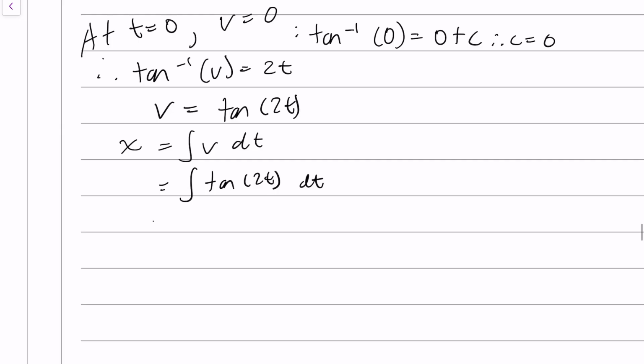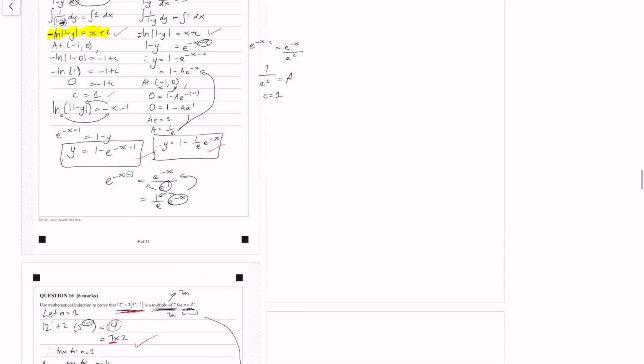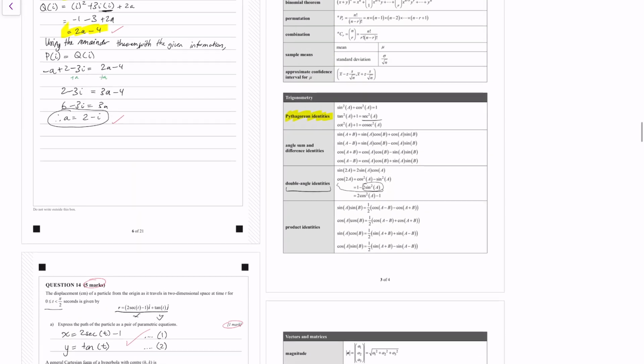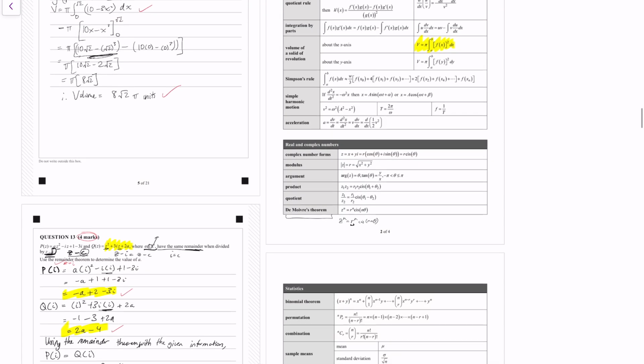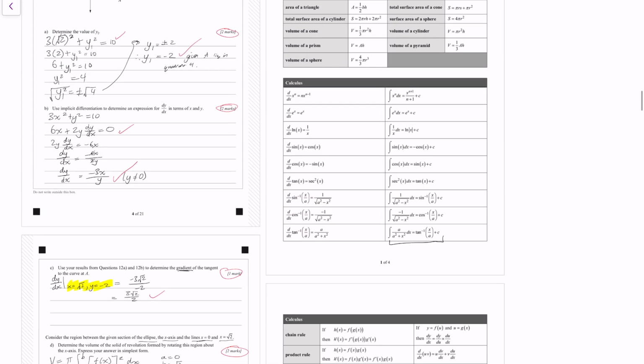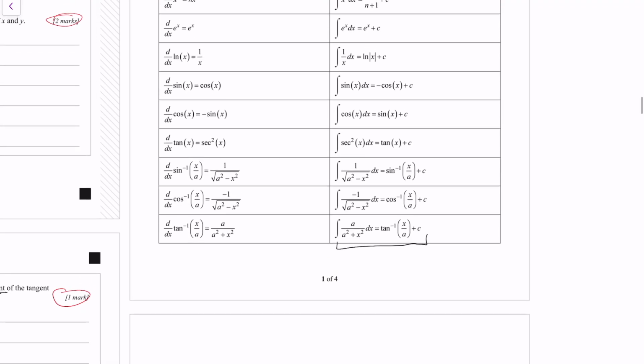All right, and I know that tan is sine over cos, as I mentioned. And this is really just the hard part, but basically, do I have an integral for tan? No, I don't have an integral for tan.